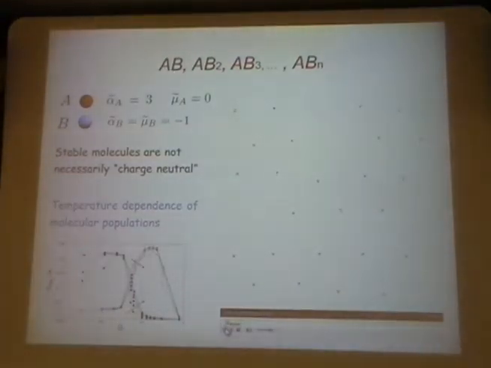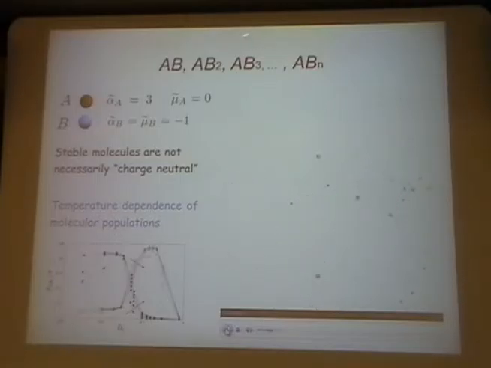So these are A and B particles that start from a random distribution in the dilute limit with these tendencies. A has a +3 charge and B has a -1 charge. So they find each other, they make partnerships, and then they take off.